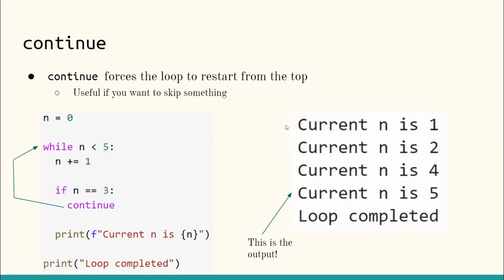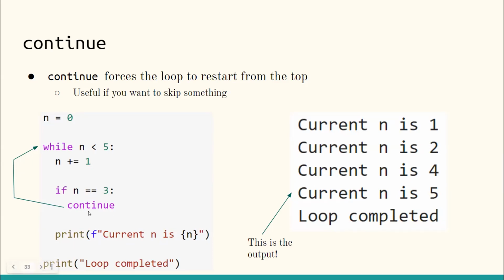As you can see on the right here, we have current n is 1, current n is 2, and then once n is incremented to 3, this if statement will be true, and then you will reach the continue keyword, and this forces the loop to restart from the top, or forces the next iteration. Therefore this print statement will not go through, and that's why you see that current n is 3 is missing.